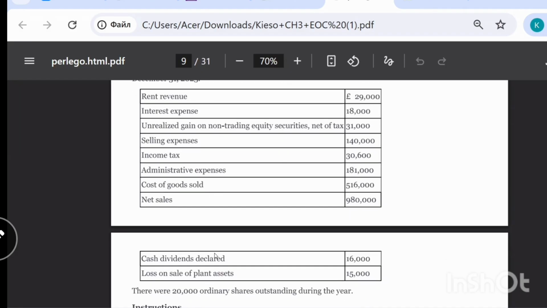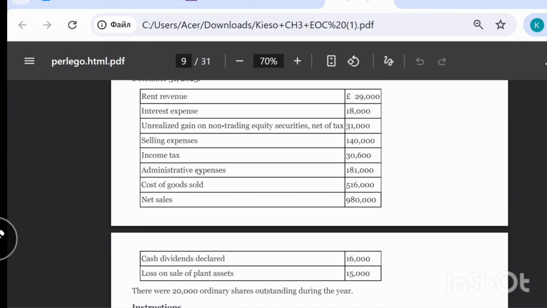After it, we have the main part of comprehensive income: unrealized gain or unrealized loss. This shows that our company's price was changed, but not by us as workers doing the day-to-day processes shown in the income statement.